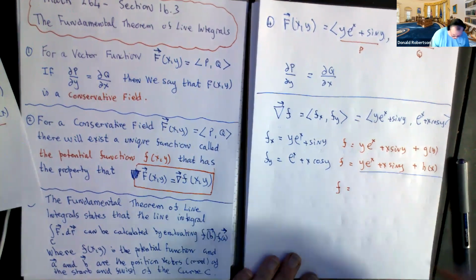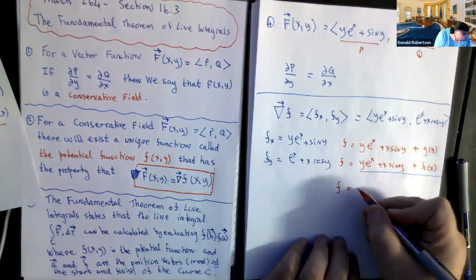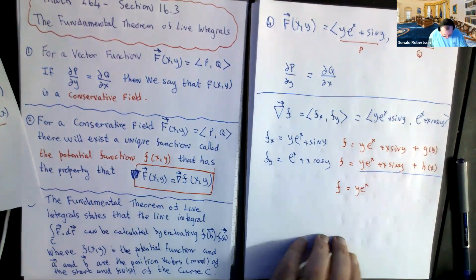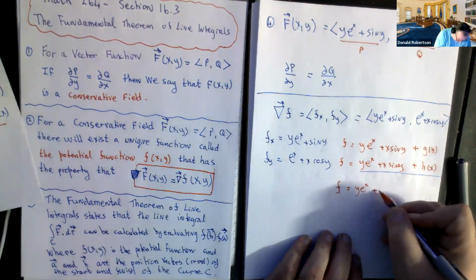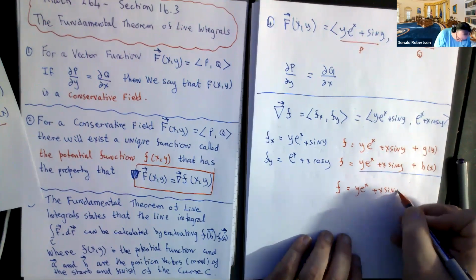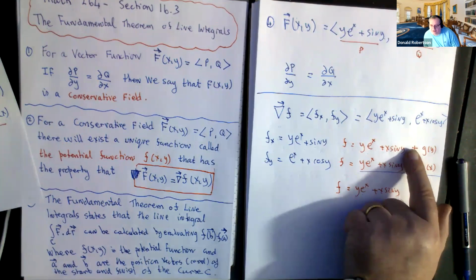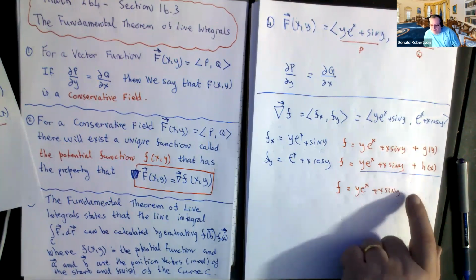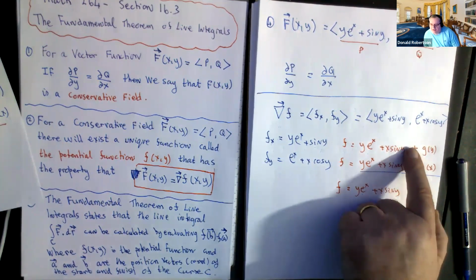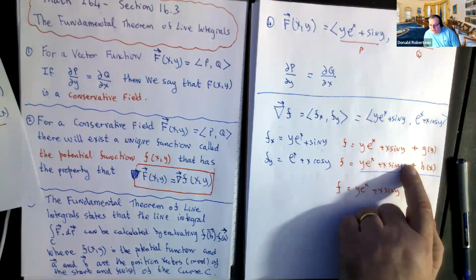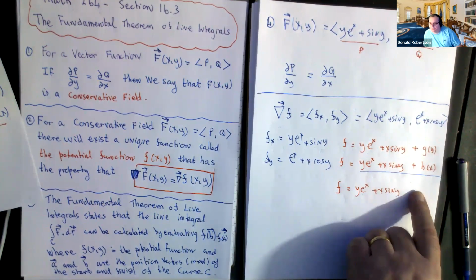Let's combine these guys. Both of them have a y e to the x. Check. Both of them have an x sine y. So in this case, that didn't really matter. But can you pretend for a minute that I had a plus x squared, then you'd have a plus x squared here. If this one had a minus y cubed, you'd put minus y cubed here.